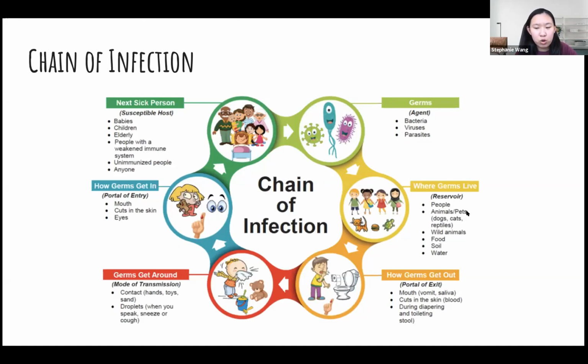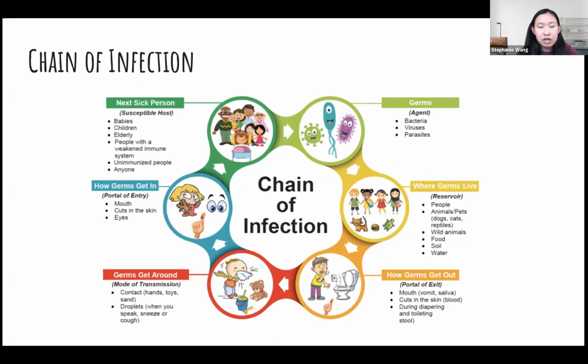And the reservoir is where the salmonella is from. So we've got normally salmonella from chicken or raw eggs or things that are not well cooked. And then we've got the portal of exit, which is how it leaves its reservoir.